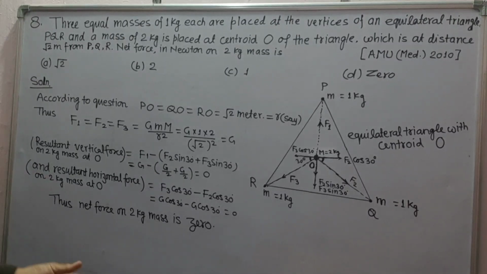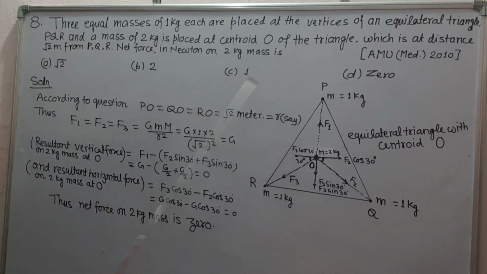Now solution. Suppose this is equilateral triangle PQR. At the vertices PQR each 1 kg mass is placed, and at the centroid O 2 kg mass is placed. Also PO is equal to RO is equal to QO, given to be root 2 meter.